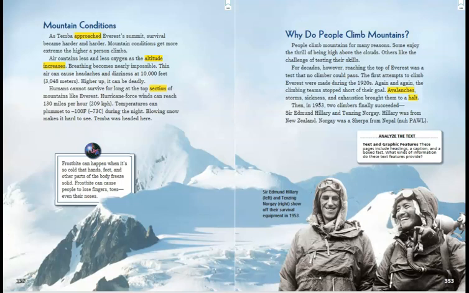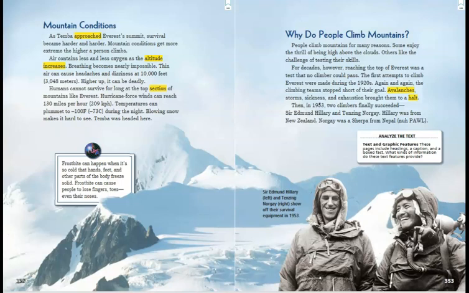Mountain conditions get more extreme the higher a person climbs. Air contains less and less oxygen as the altitude increases. Breathing becomes nearly impossible. Thin air can cause headaches and dizziness at 10,000 feet or 3,048 meters. Higher up, it can be deadly.